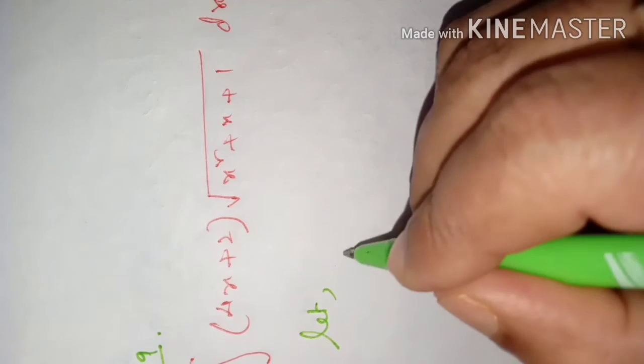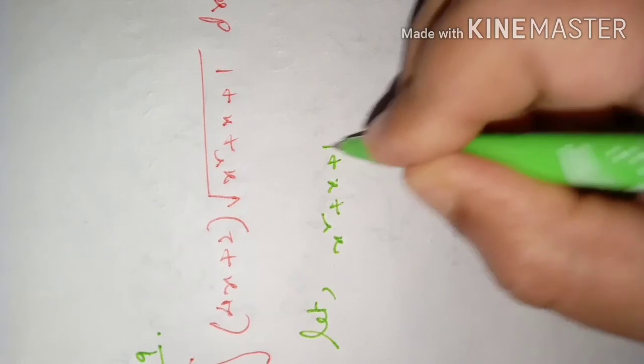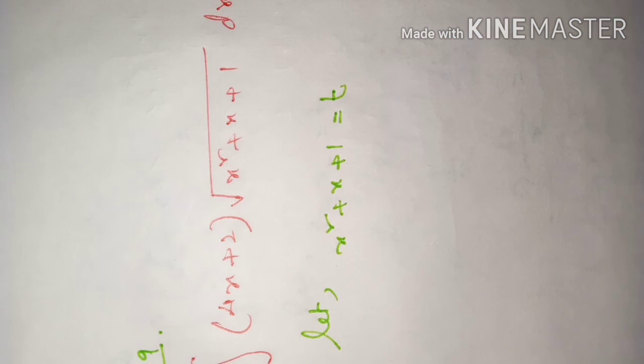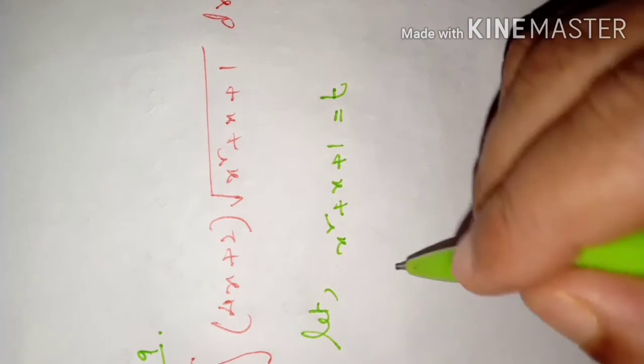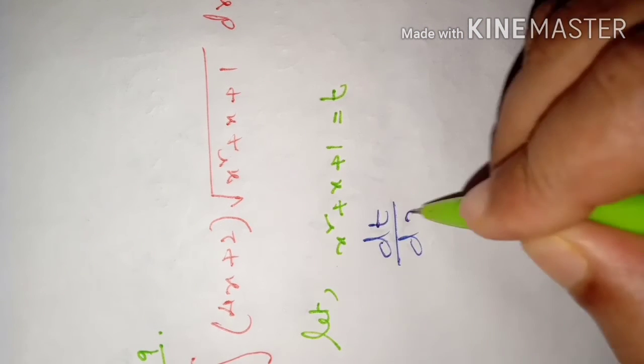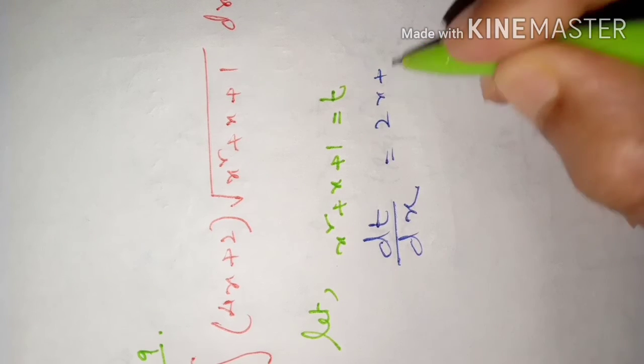So I am taking question number 9. Here it is the integral of 4x plus 2 into square root of x square plus x plus 1, and we take the antiderivative. Let us consider x square plus x plus 1 as t. Then dt by dx will be equal to twice x plus 1.